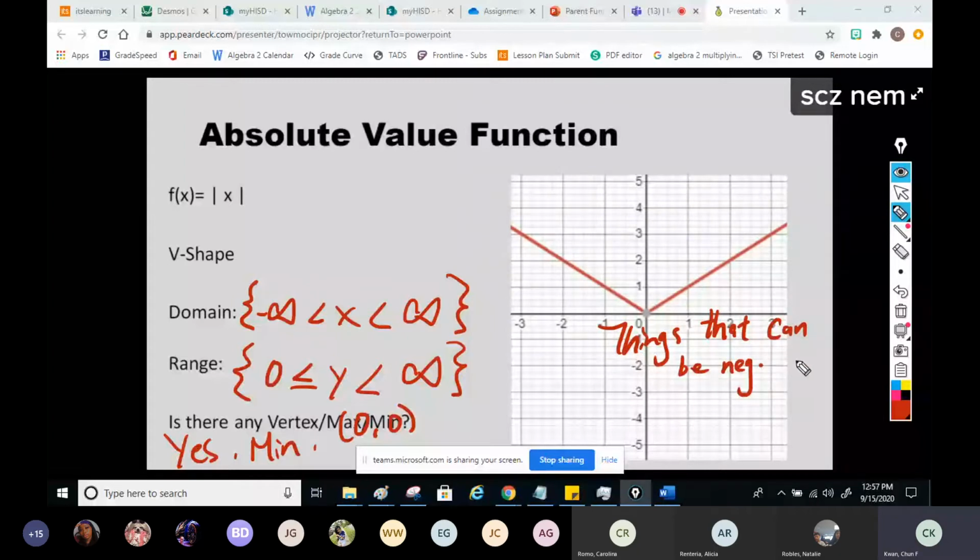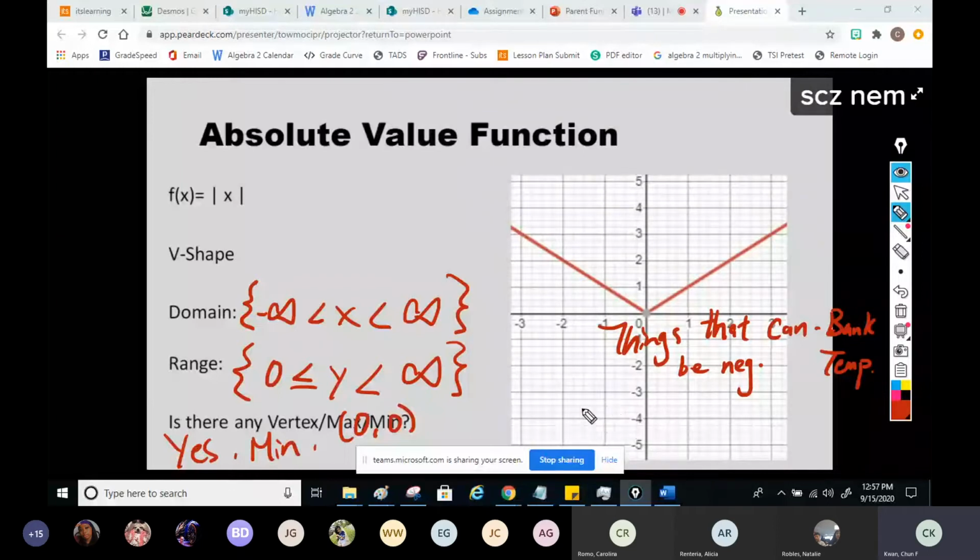If you are owing someone money, it will be negative, right? What about temperature? How hot and how cold something is, you will also hit the negative. There is negative when it comes to temperature, when it gets too cold.